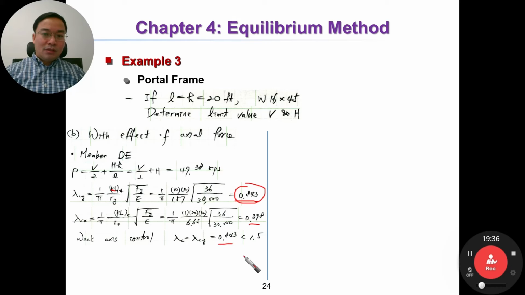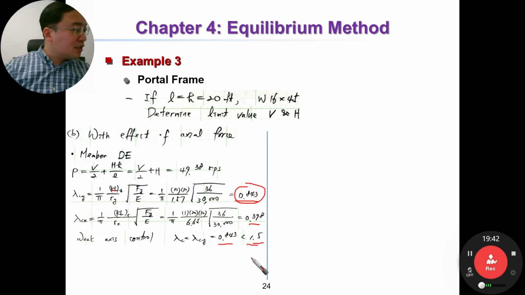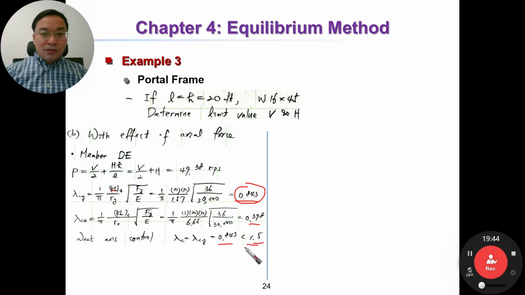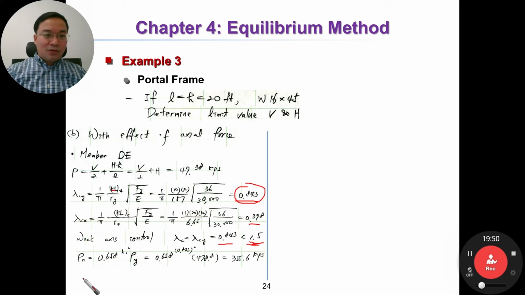This one is smaller than 1.5, as mentioned in the textbook. If you have never seen it, then please see the textbook for why this value. And because of that, we calculate Pn equal to this equation. This is equation 4.6.3 in the textbook and equal to this one.